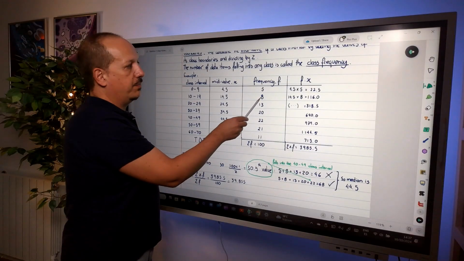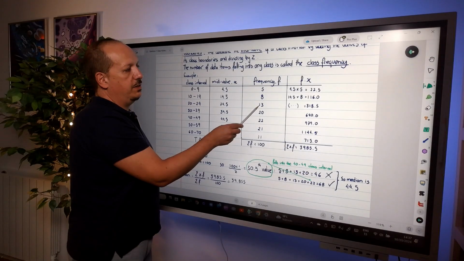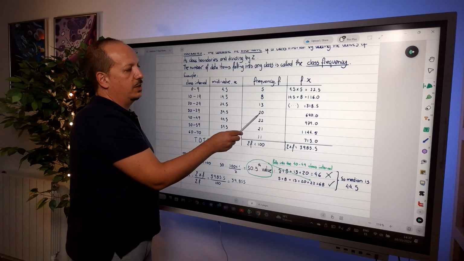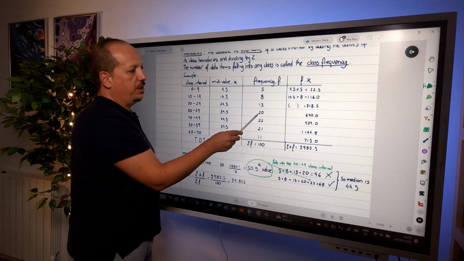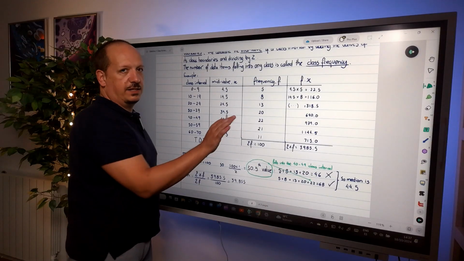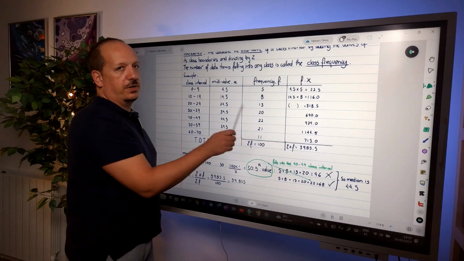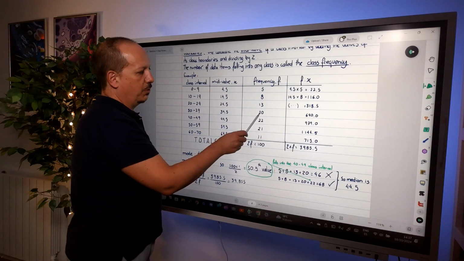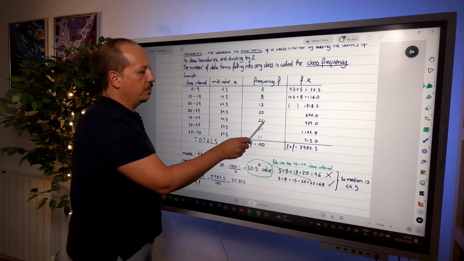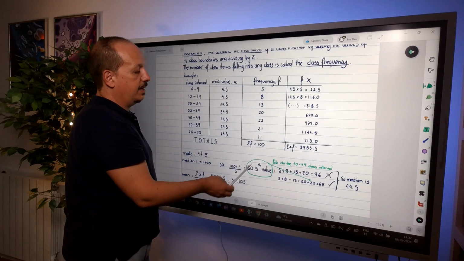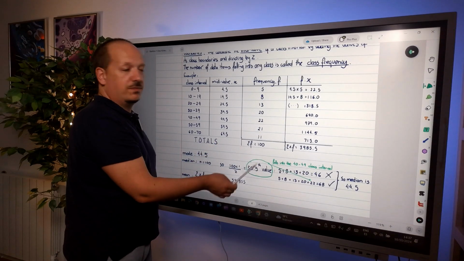So 5 plus 8, 13, plus 13, 26, plus 20, that's going to be 46. I didn't reach the 50 yet. Plus 22 is already going to pass the 50th. I was on 40, this is going to be 62. So it's over here, both the 50th and the 51st, right?